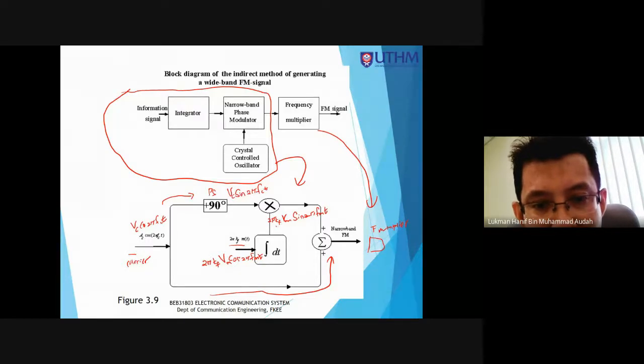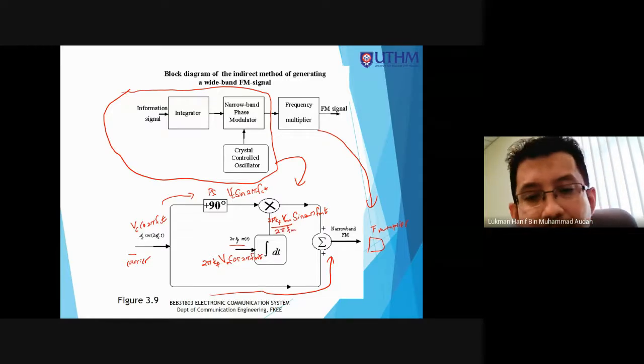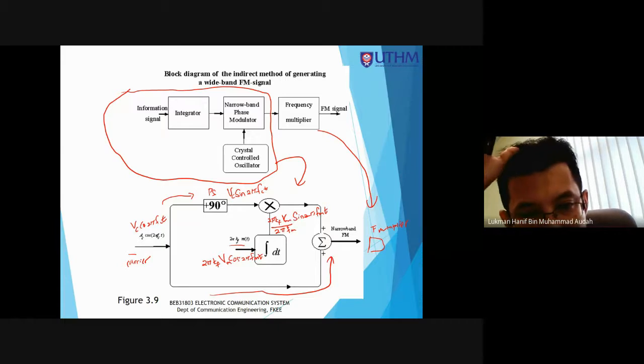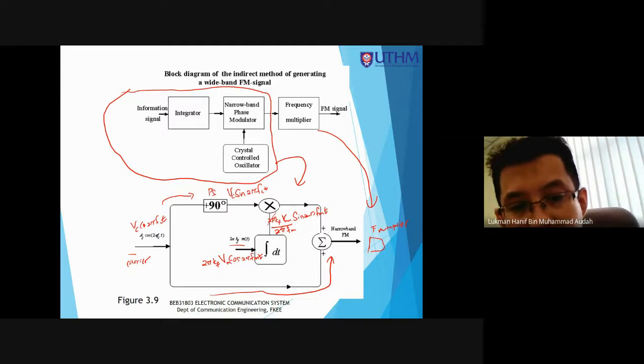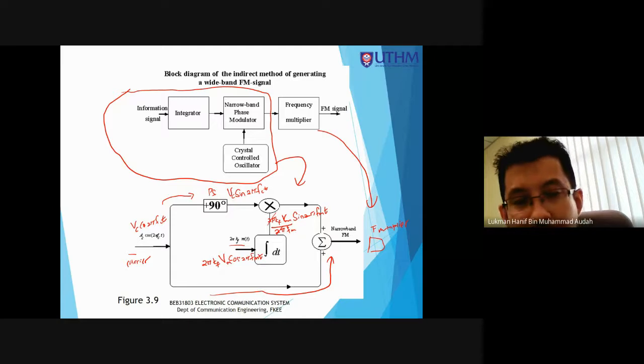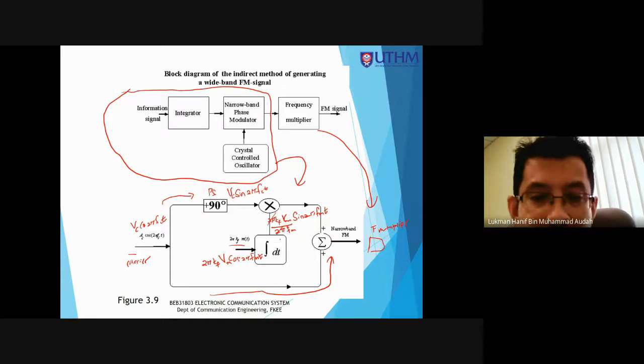Divide with 2 pi fM. Nampak. So bermakna kalau kita bahagikan 2 pi dengan 2 pi boleh cancel. Bermakna di sini adalah kf VM over fM. Apa maksud dia? Maksudnya di sini sudah jadi beta f.